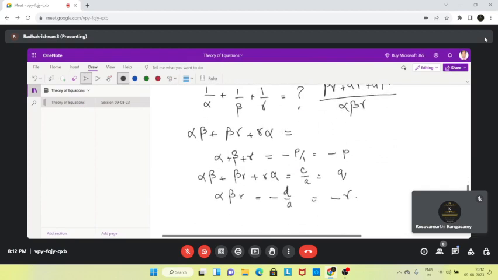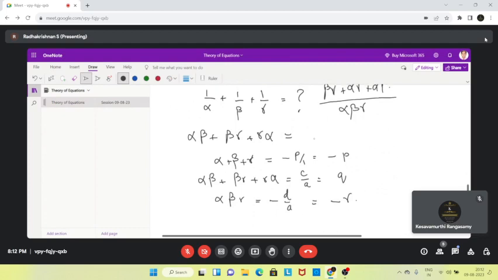So we have got the values of alpha plus beta plus gamma, alpha beta plus beta gamma plus gamma alpha, and alpha beta gamma. So what do we need? 1 by alpha plus 1 by beta plus 1 by gamma is q by minus r.